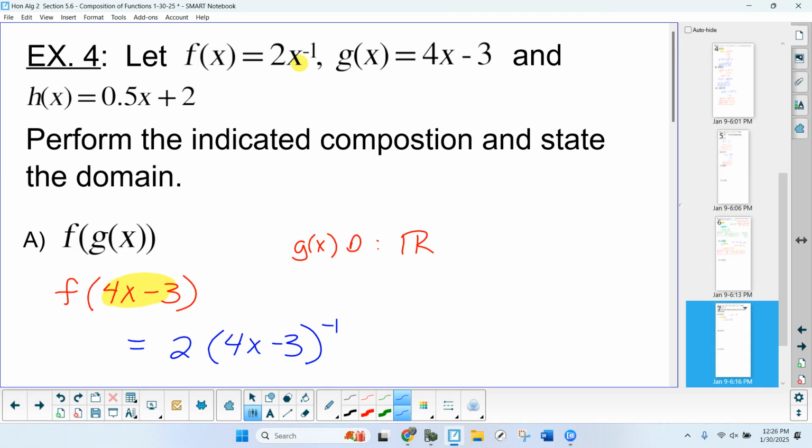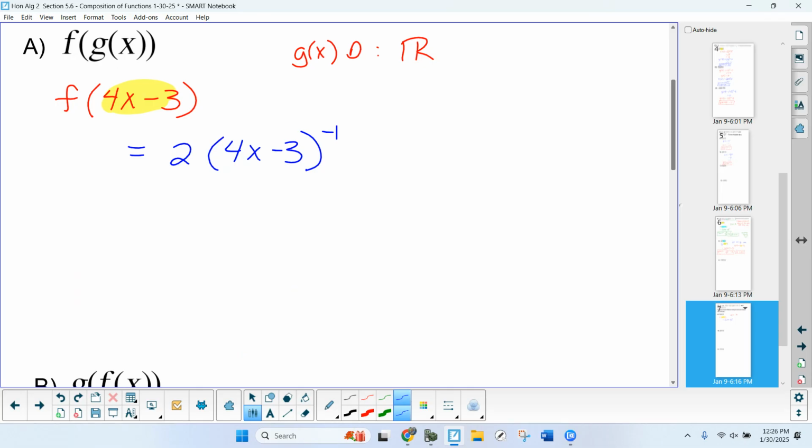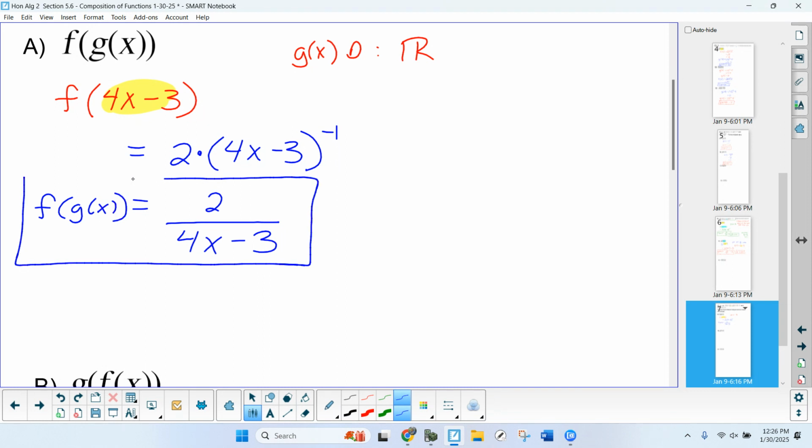Now, how do I simplify this? Okay, well, remember there is a multiplication sign there. Is the 2 happy where it is? It's got a positive exponent. It's fine. Is this quantity happy where it is? Where does it go? Now, be careful. What is x not allowed to be?